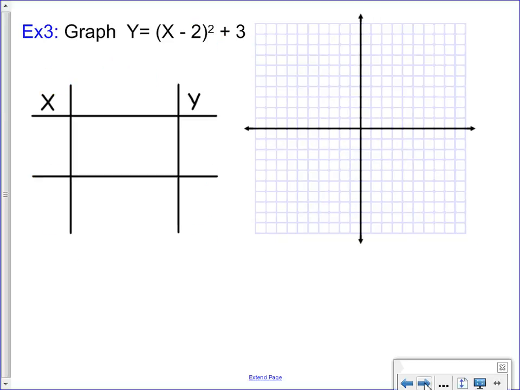Here we go. Talk to me. It is 2, 3. Very nice. Vertex is 2, 3. Plug it in, give me 2 points.